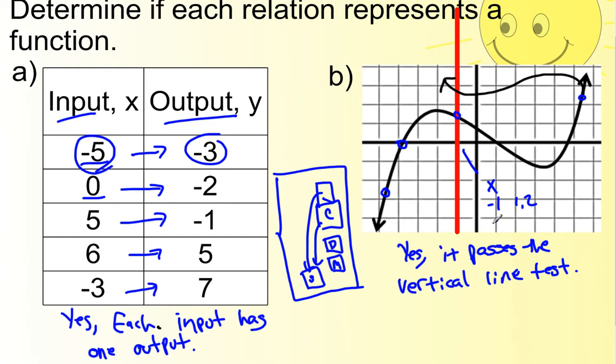But also, at -1, there's a y value of 2.8. So this same input had two different outputs. Does not work. Okay? So let's go back to how it should look. Get rid of some of this extra stuff. And the way the problem is shown right now, yes, this is a function.